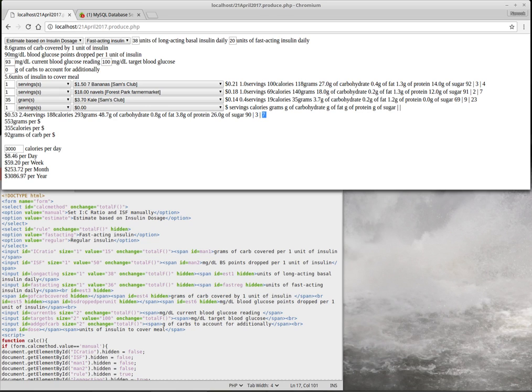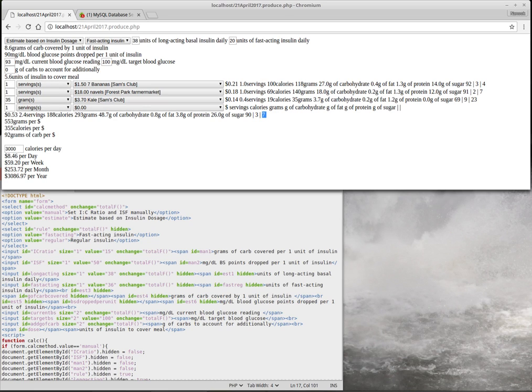And there's also estimations on cost analysis, like for everything you ate, the number of grams per dollar, how many calories you got per dollar, and how many grams of carbohydrate you got per dollar.